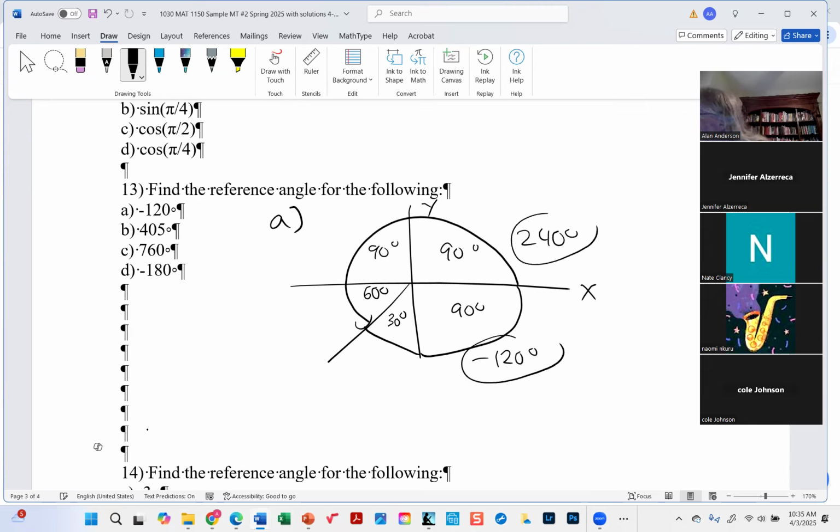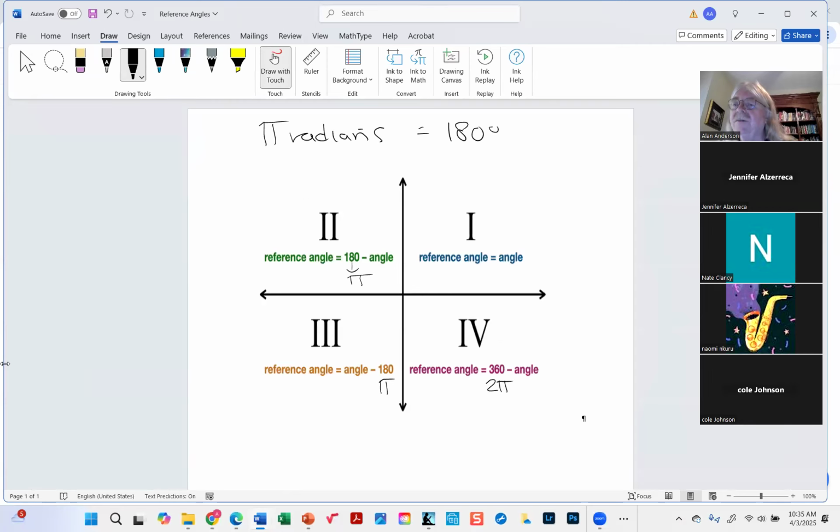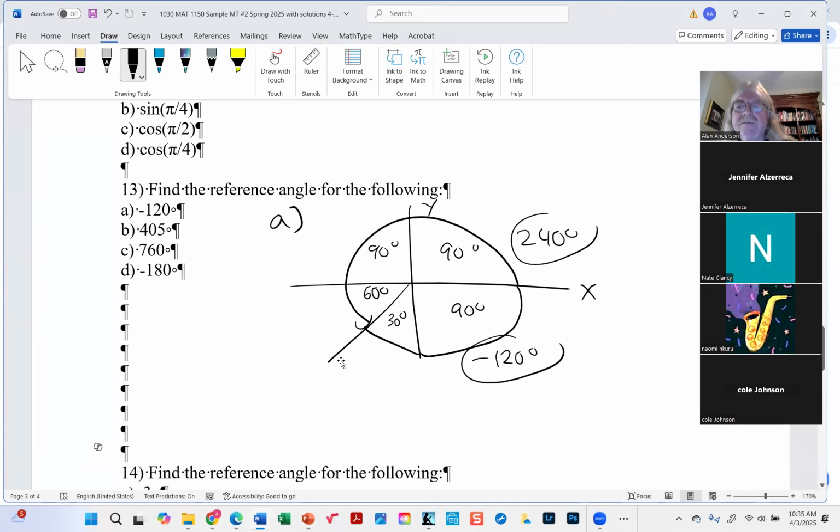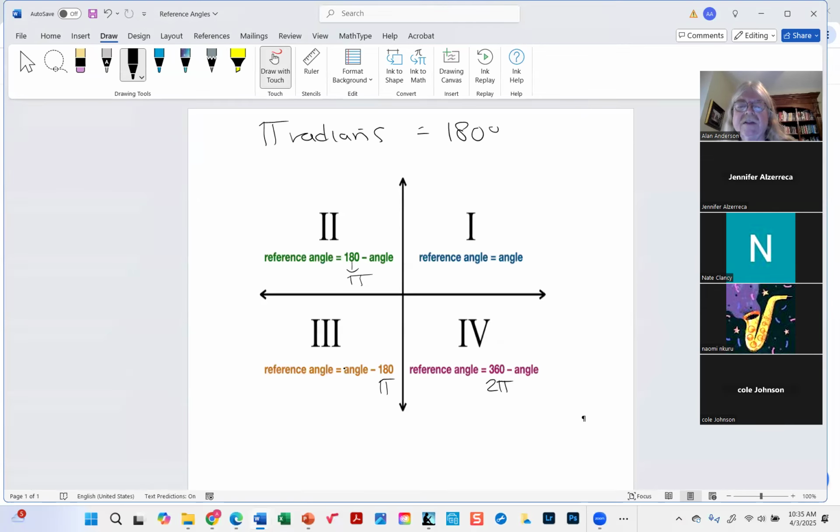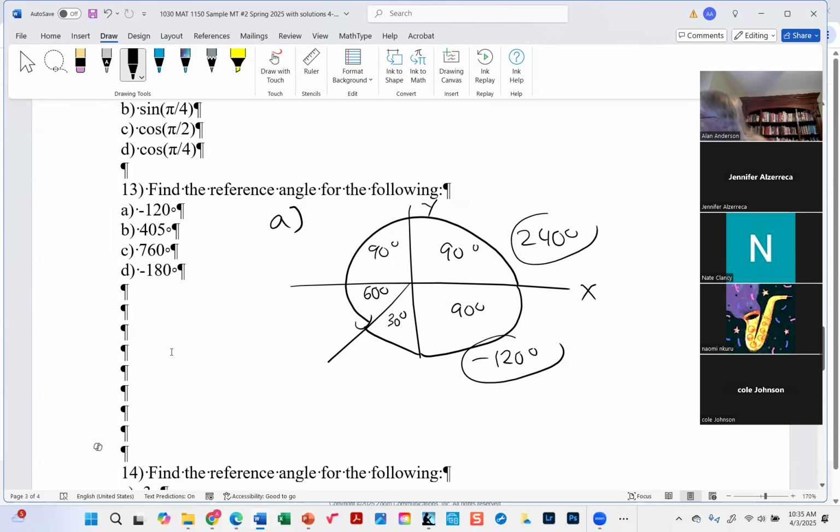These both mean the same thing. Now, if you look at the way the formulas are written in this chart, I think you'll find it's easier to use the positive angle. So in other words, we're in the third quadrant, which means that the formula we need is angle minus 180. So that means in this case, that would be 60 degrees.